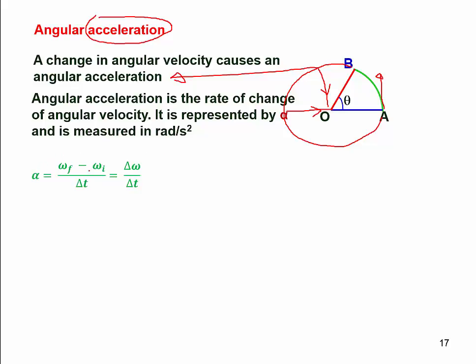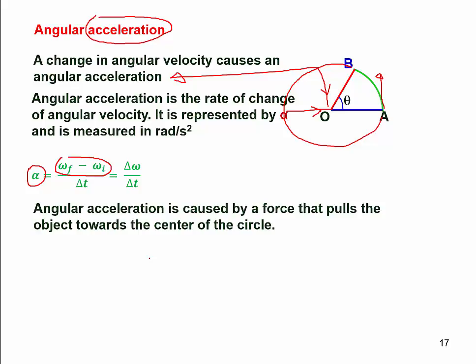Angular acceleration, we represent by the Greek letter alpha. You see, Greek letter alpha is the same as the alphabet A that we use. Alpha equals change in angular velocity, omega f minus omega i, divided by the time interval. That is delta omega divided by delta t.